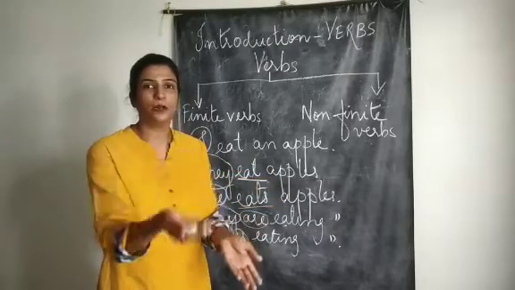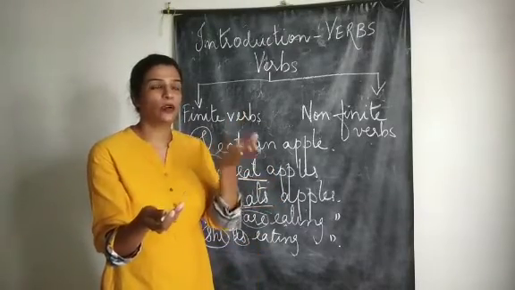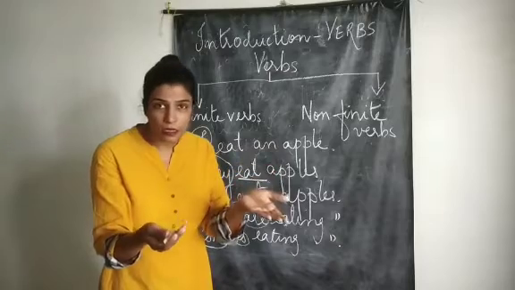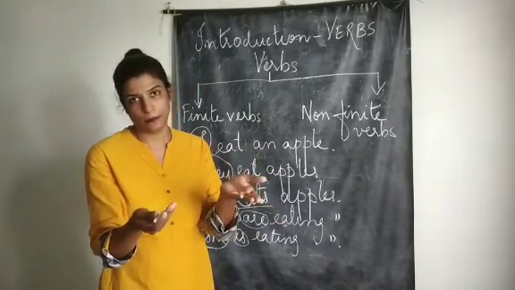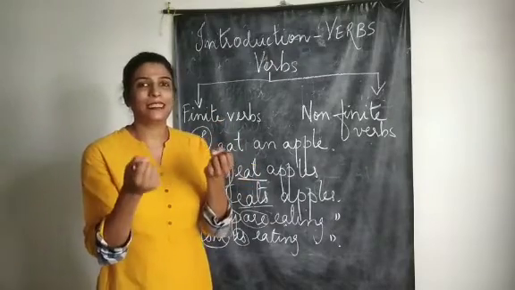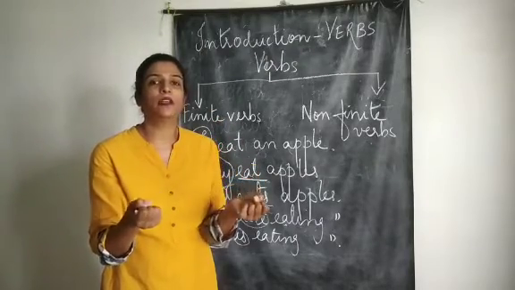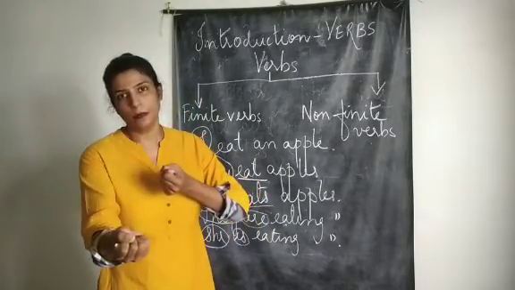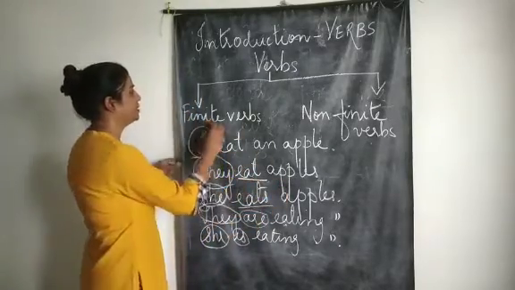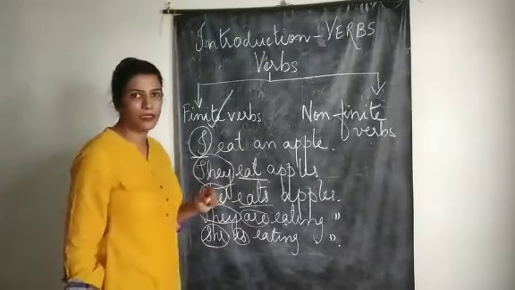That means the verb changes in accordance to the singularity or the plurality of the subject. Because there is a connection between the number of subject and the verb, that is why I termed it as a finite verb.